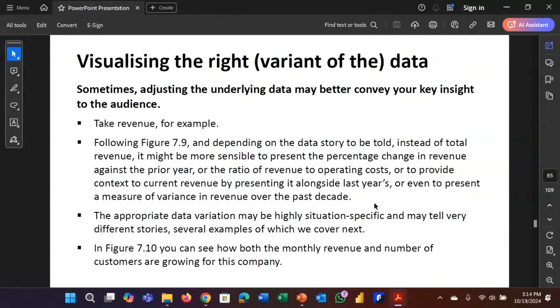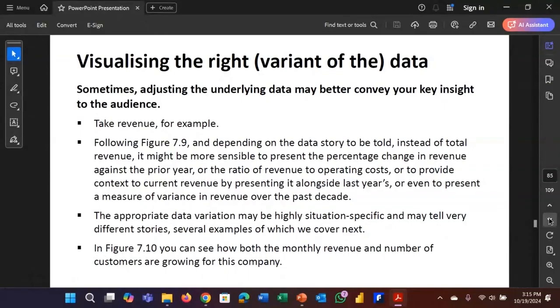These are things you can do even though your data only shows you 2 figures. So you can make it better, or even present a measure of variance in revenue over the past decade. The appropriate data variation may be highly situation specific and may tell very different stories. Several examples of which we cover next, so later we cover.